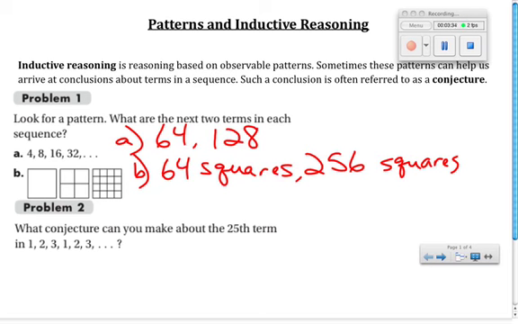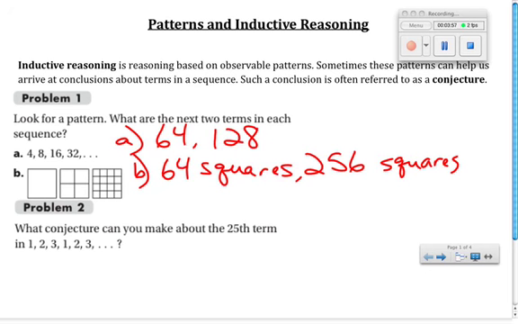Write it out, and they'd sit there and go 1, 2, 3, 1, 2, 3, 1, 2, 3 until they get to the 25th term. That would not be terribly awful in a problem like this, but of course on the SAT or ACT, they might ask you what is the 101st term, and how time-consuming and annoying would that be? So, we want to develop a strategy.